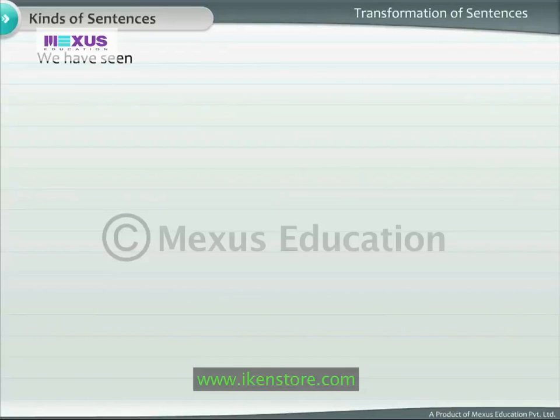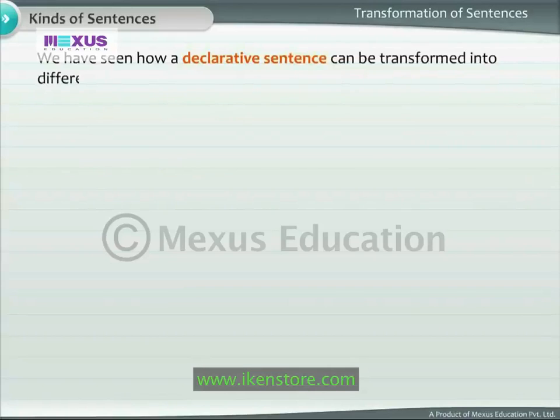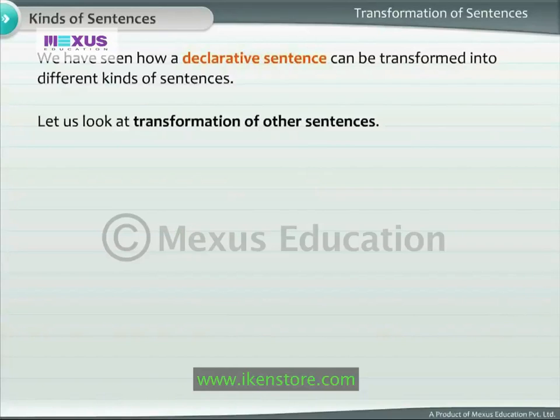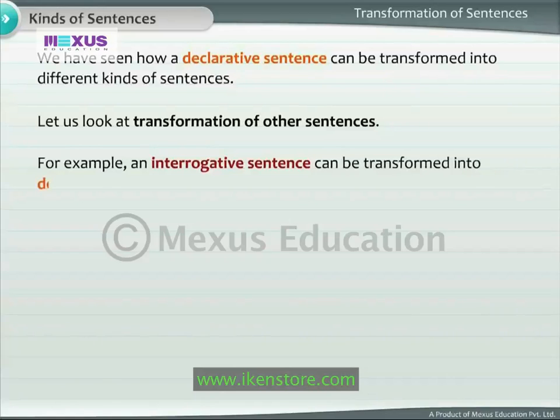We have seen how a declarative sentence can be transformed into different kinds of sentences. Let us look at transformation of other sentences. For example, an interrogative sentence can be transformed into a declarative sentence. Isn't that bread over there?